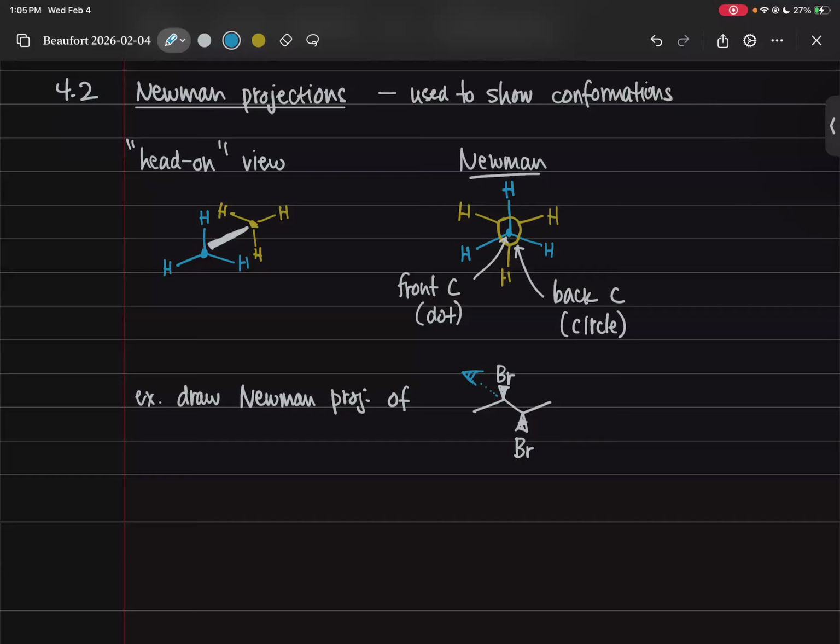All right, so let's build that. This is 2,3-dibromobutane. The short version of what you'll need to do is each of the carbons needs to lose 2 hydrogens, and we need to replace them with a methyl group.